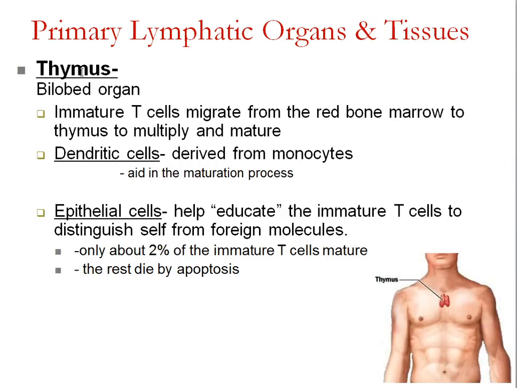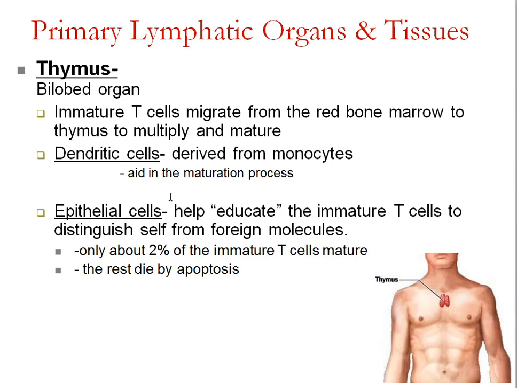Now, our T cells, they head over to the thymus. Thymus, of course, is that bilobed organ. Our immature T cells migrate out of the red bone marrow and to the thymus to multiply and mature. We get some dendritic cells derived from monocytes that aid in the maturation process of these T cells.